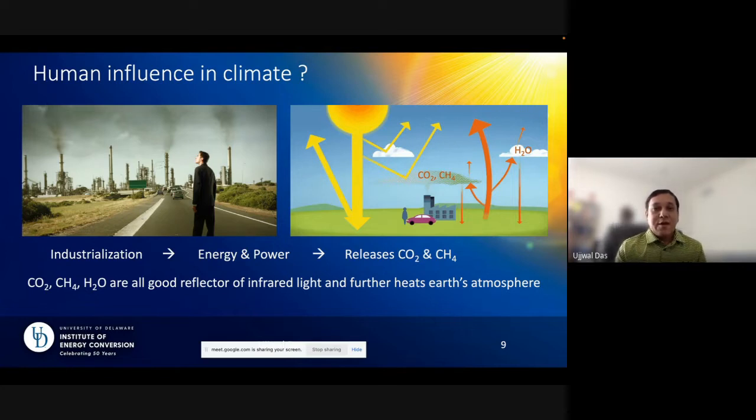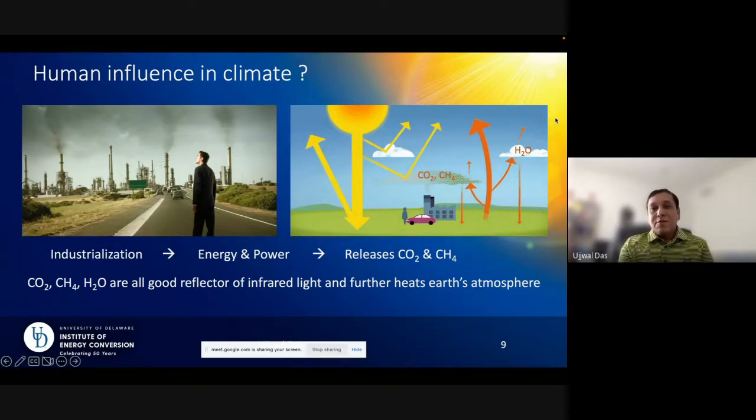Currently, the way we generate and use energy is mostly thermal power plants. Thermal energy is basically burning coal, meaning carbon. When you burn carbon, it forms CO2, carbon dioxide, and methane gas. Both are very good reflectors of infrared light.